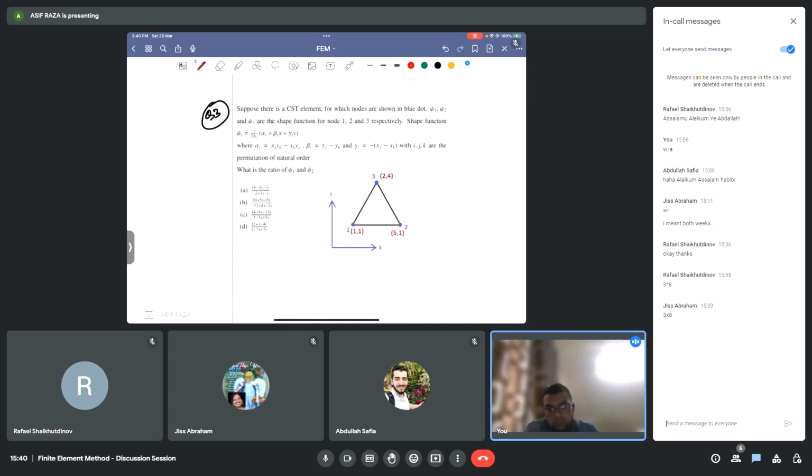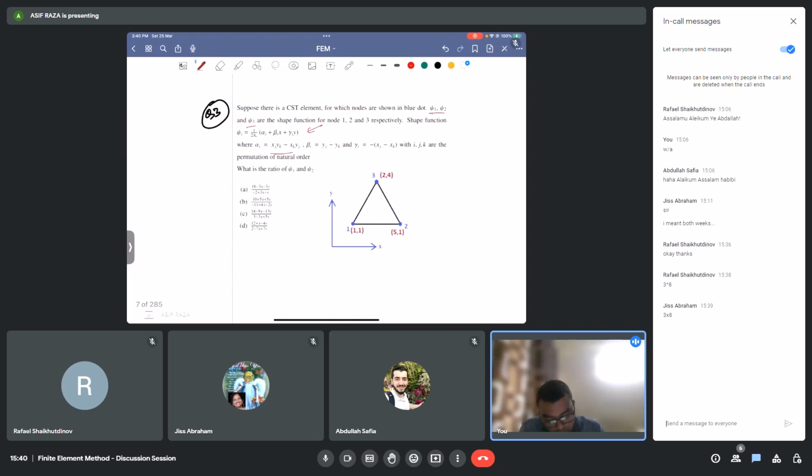Now let's move on to the third question. Suppose there is a constant strain triangle element for which nodes are given in blue dots as shown in the figure. Psi1, Psi2 and Psi3 are the shape functions for nodes 1, 2, 3 respectively, and the values of Psi i have already been provided, where alpha, beta and gamma values have been given in terms of x, y coordinates, where ijk are the permutation of natural order.